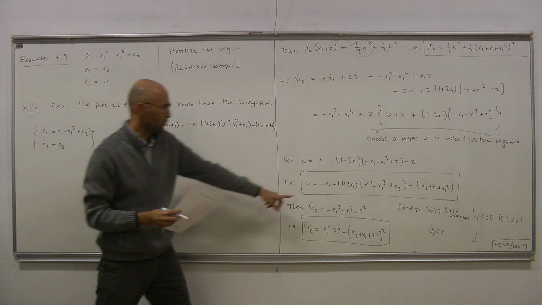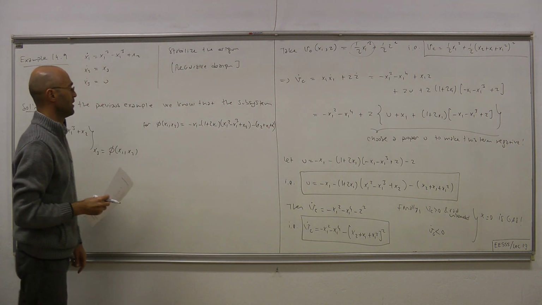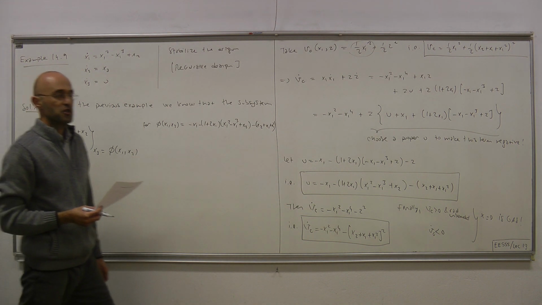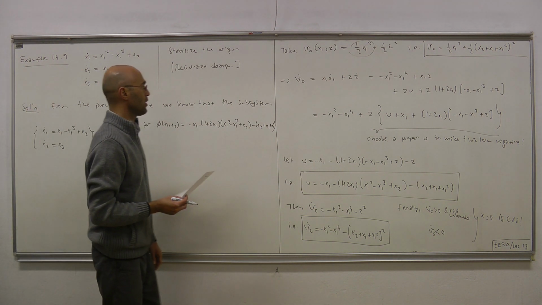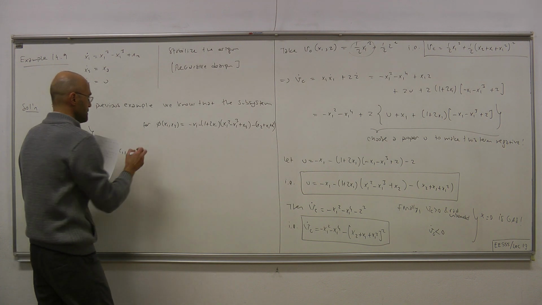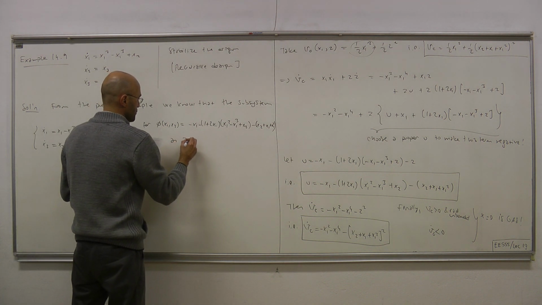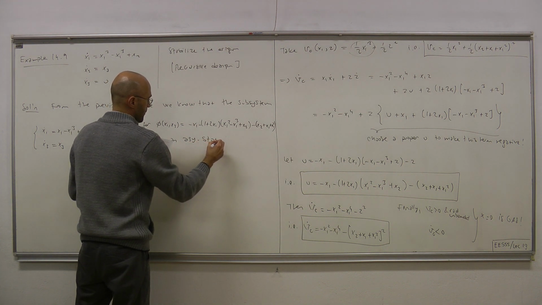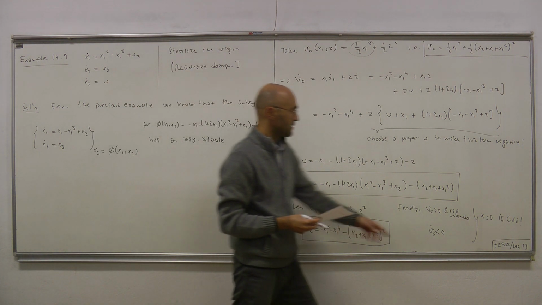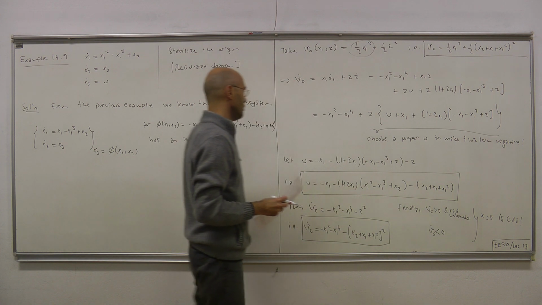I just rewrote what's written here. That's the feedback law, which is known to work as an asymptotically stable, in fact globally asymptotically stable, origin.